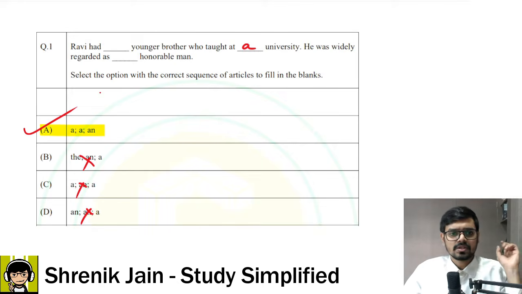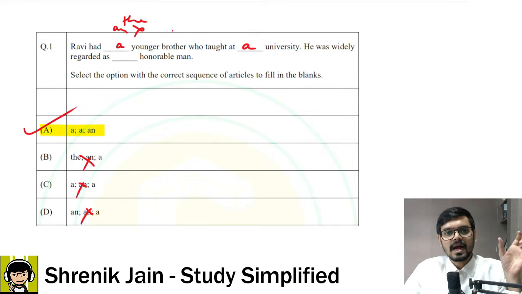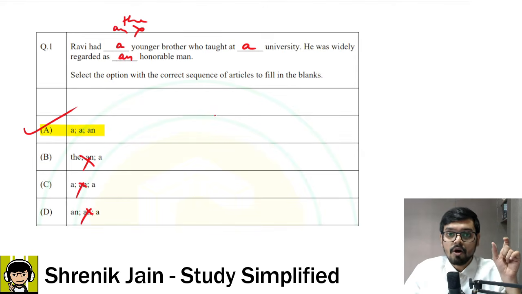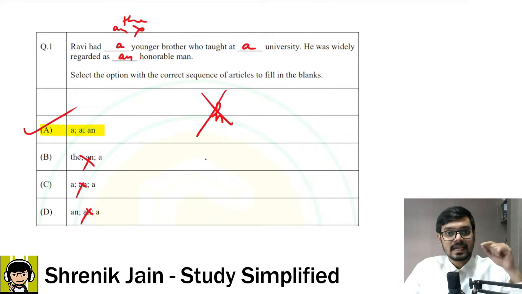Others also you can check. Ravi had a younger brother, makes sense. An younger brother doesn't make sense. The younger brother doesn't make sense, right? So Ravi had a younger brother who taught at a university. He was widely regarded as an honorable man. Why? Because when you say honorable, even though it starts with H, that H is silent in speaking.